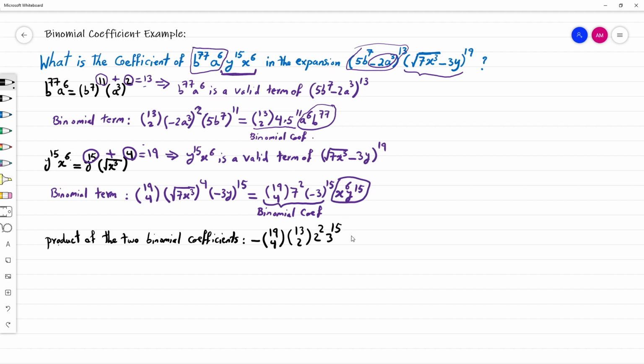And we have 5 to the 11, which is the component we have here. And then finally we have 7 to the 2. So this is the final answer we were looking for. I hope that this is helpful in illustrating how to compute the binomial coefficient.